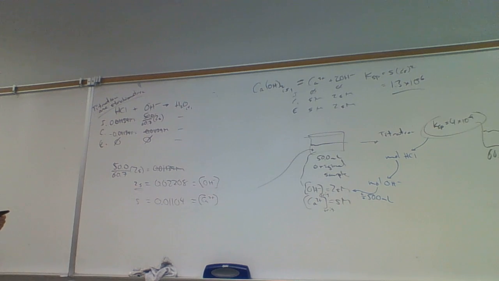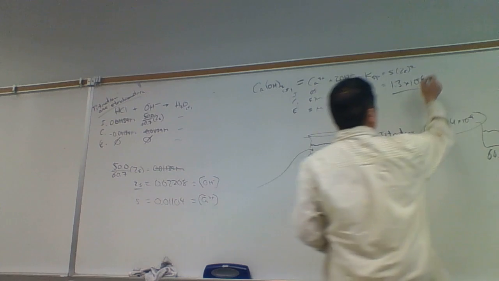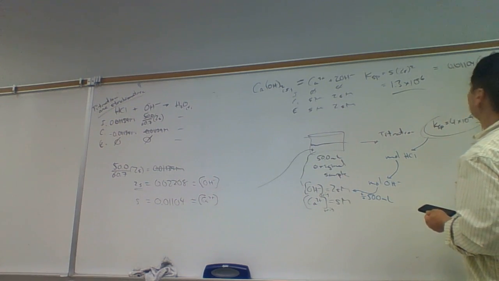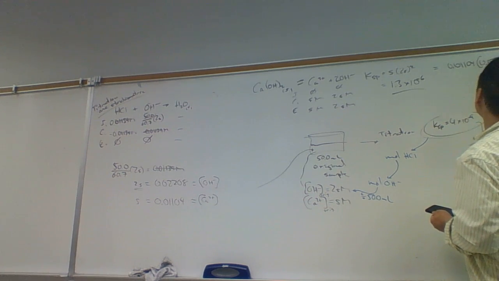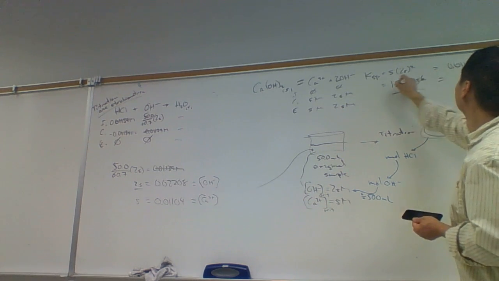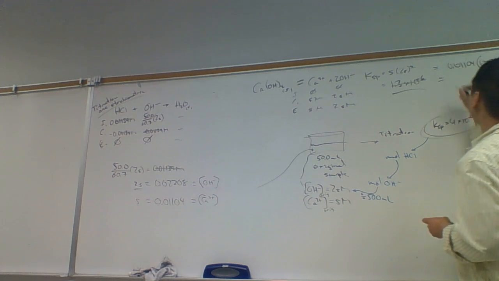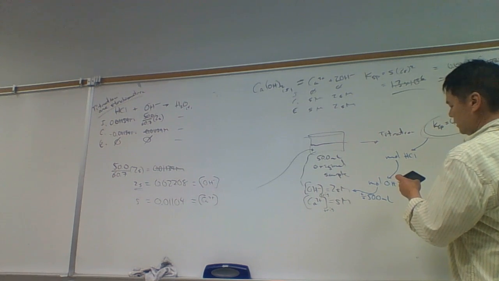So let's double that. And so I'll take this and square it. So this is going to equal 0.01104 times 0.02208 squared. So I'll square this, times 0.01104, equals 5.38 times 10 to the negative 6.